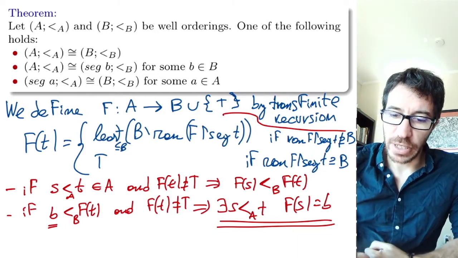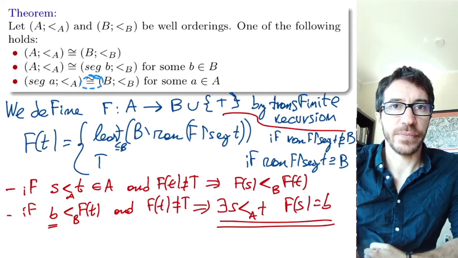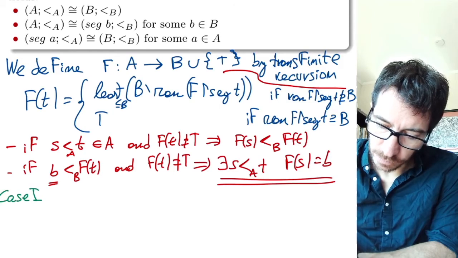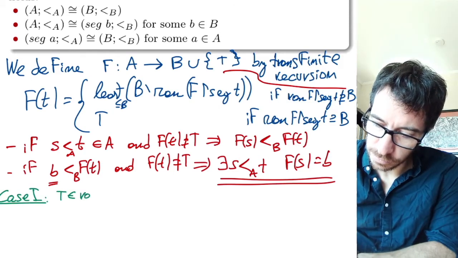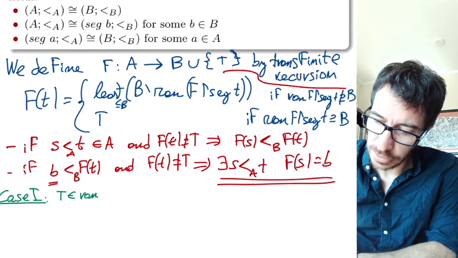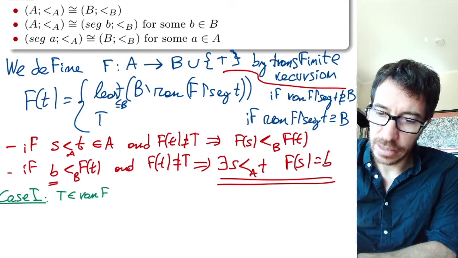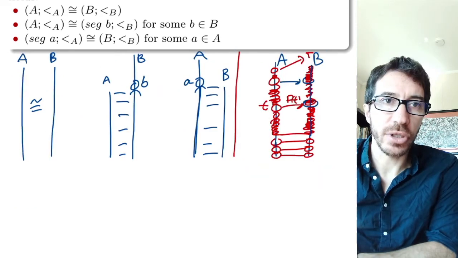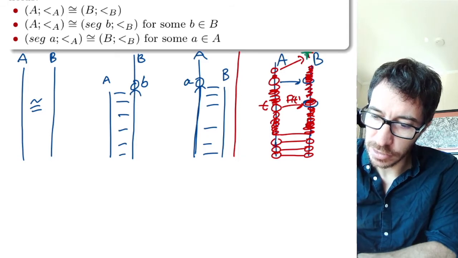We have to show that this function is going to be the isomorphism that we want in at least one of these three cases. Case 1 is that t belongs to the range of this map F. In this case, if you look at the picture, it means that t belongs to the range, somewhere right there.